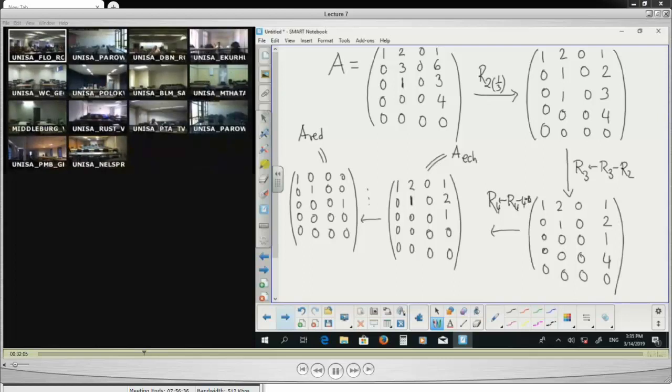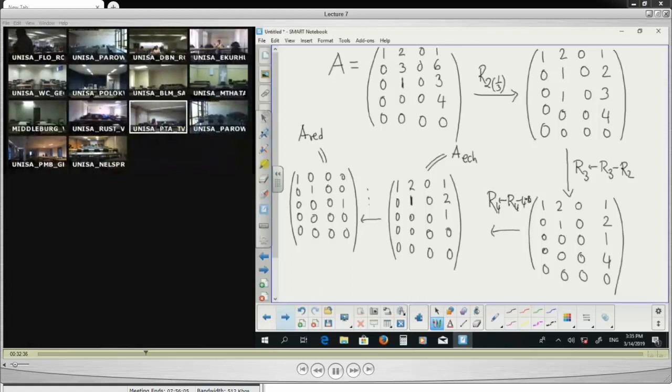That means this 2 has also to be made 0, this 1, 2 position too. So over here you have 1 row operation, and for the last column you have 2 row operations. So 3 more row operations will make it a reduced one.